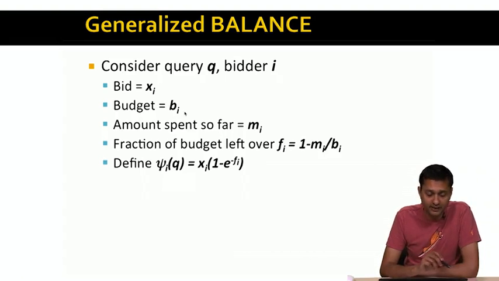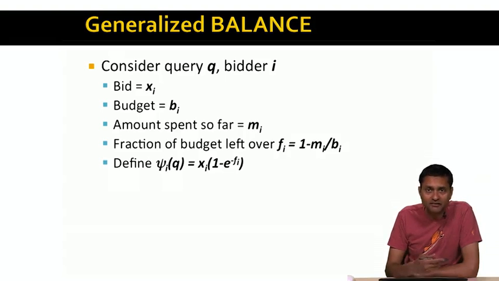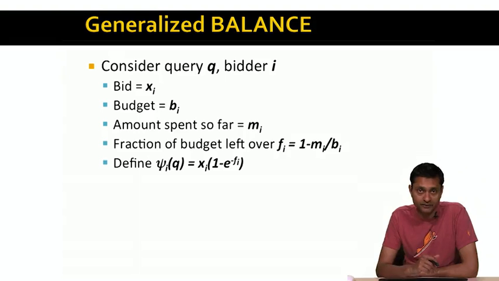Let's say the amount spent so far by the advertiser is Mi. Now the fraction of the advertiser's budget left over, which we'll call Fi, is 1 minus Mi over Bi. Remember, Mi is the amount that's been spent so far by the advertiser, and Bi is advertiser i's total budget, and therefore 1 minus Mi over Bi, which is Fi, is the fraction of the advertiser's budget that's left over to be spent.